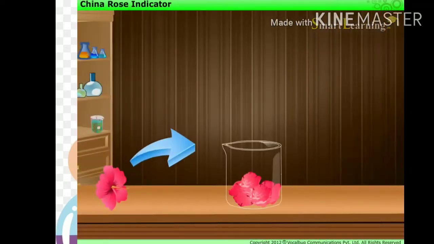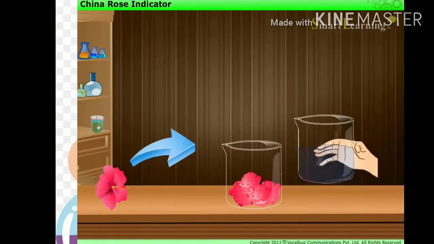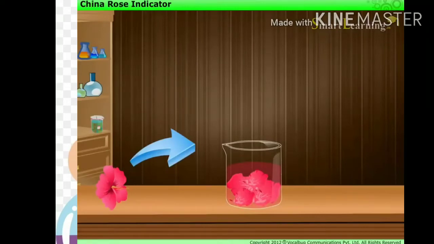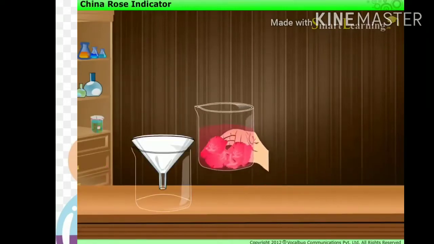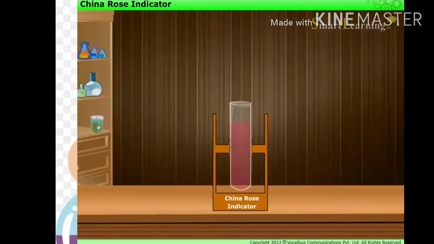Separate the petals of China rose and place them in a beaker. Add some warm water to it and keep this mixture for some time till the water becomes colored. Filter this colorful solution in a separate beaker. This is China rose indicator.